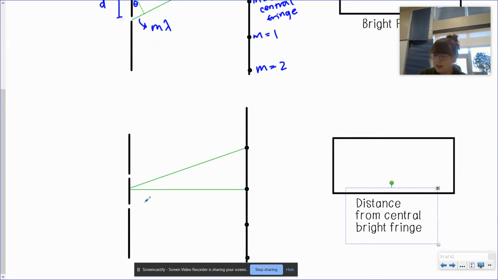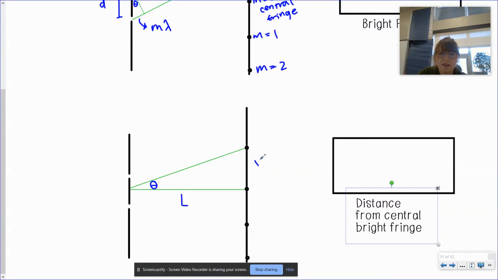All right, and then if we want to figure out the distance from our card to the screen, this distance is distance L. Given this central angle here, which we are approximating, actually measuring it from one of the slits, but we can approximate because this is a very small distance here.